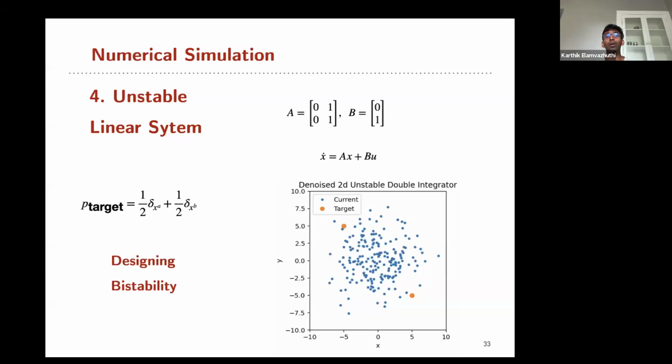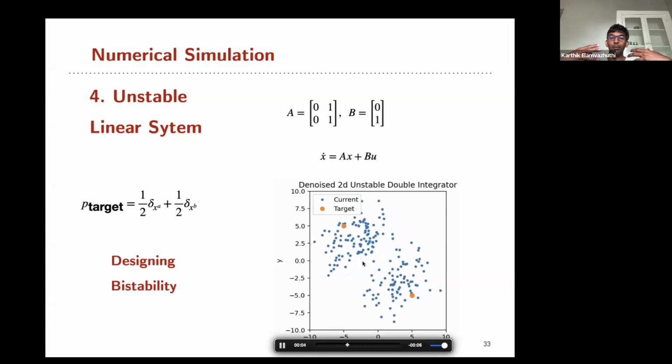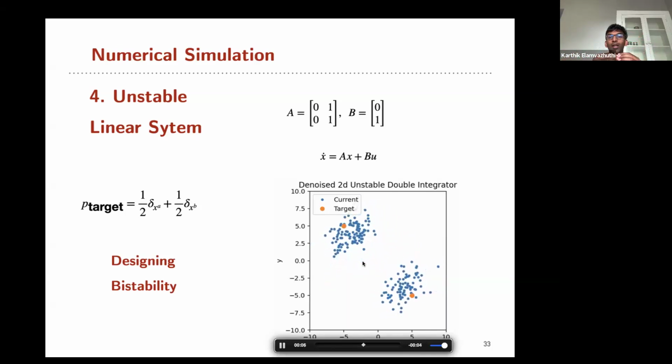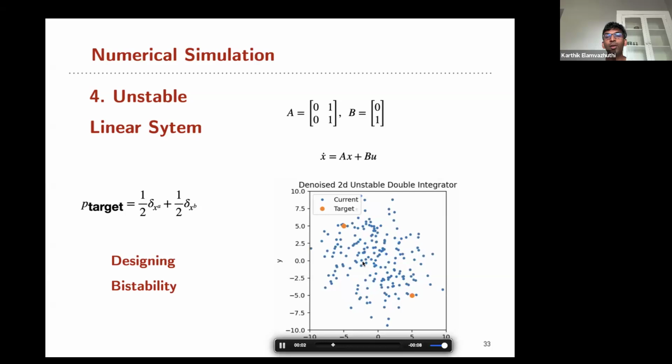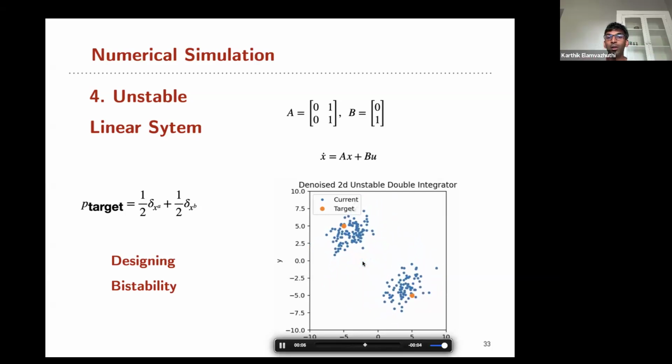You can also use this to solve non-conventional problems for linear systems. For example, you may want to control your linear system not to a single configuration, but split it into multiple different configurations. So you want to introduce some kind of bistability in the system. This can also be posed in terms of probability distributions.